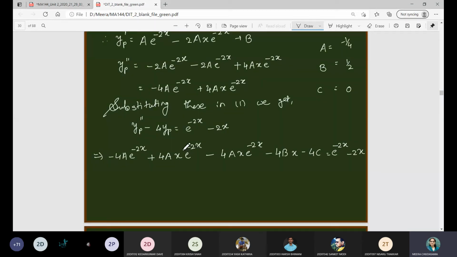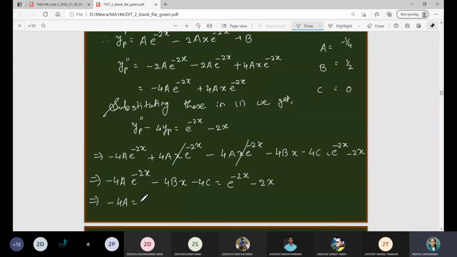So now you can see that this term will cancel out with this. So implies minus 4a e raised to minus 2x minus 4bx minus 4c is equal to e raised to minus 2x minus 2x. So by comparing both the sides, you can see that e raised to minus 2x coefficient is 1 on the right hand side.